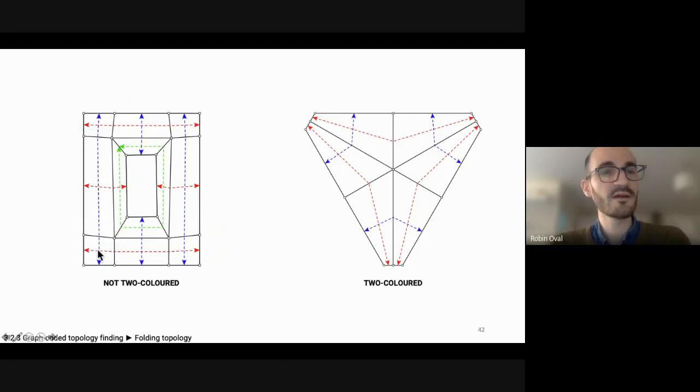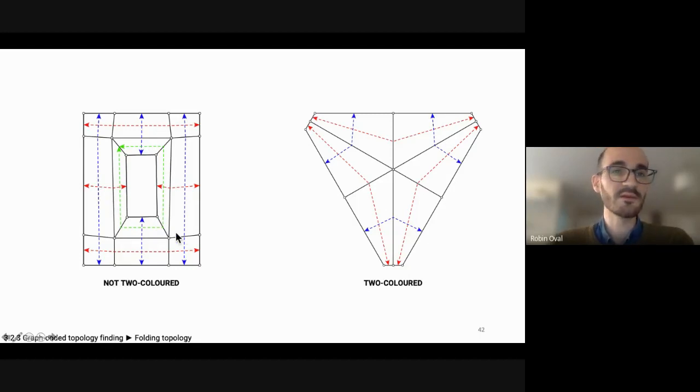So you have an odd number of strips that go around it. So you cannot have continuous lines in red, for instance, and folded lines in blue, because you have this third color, in green, that messes up your system.